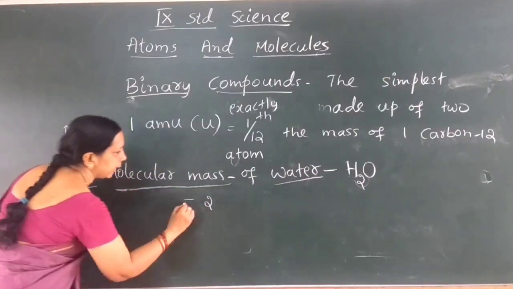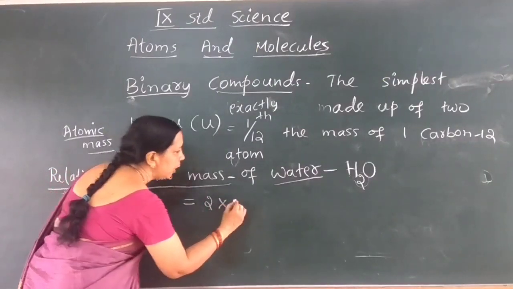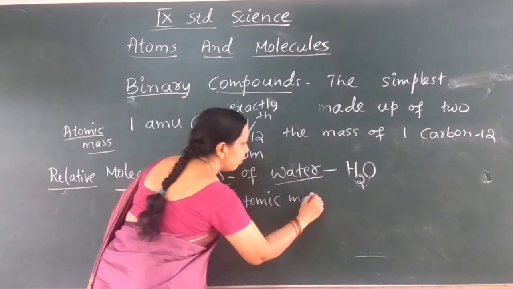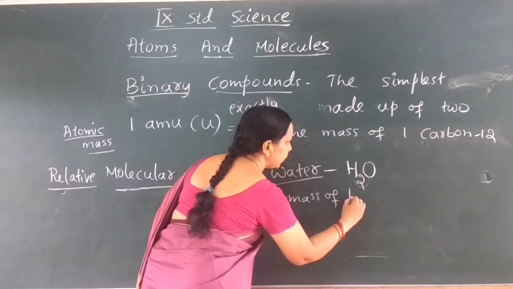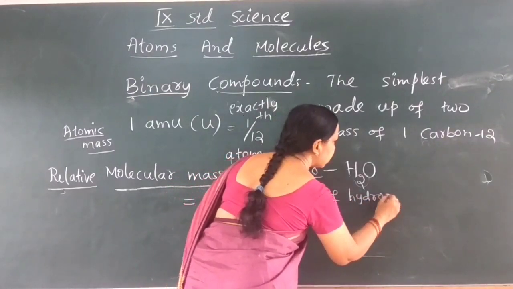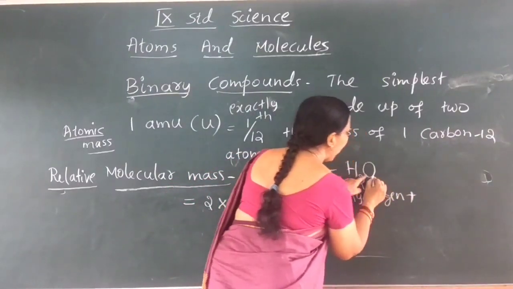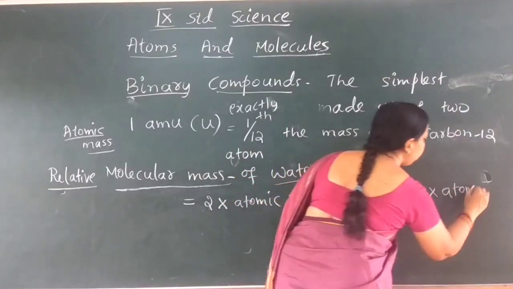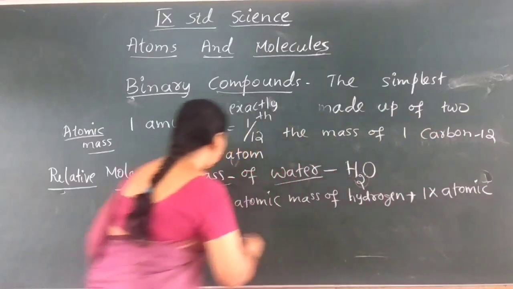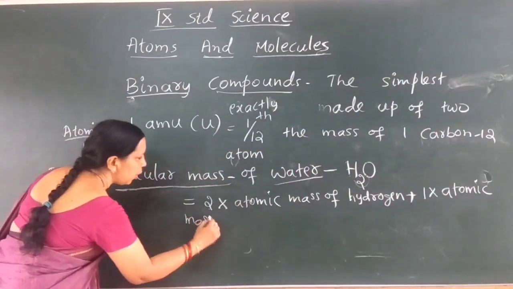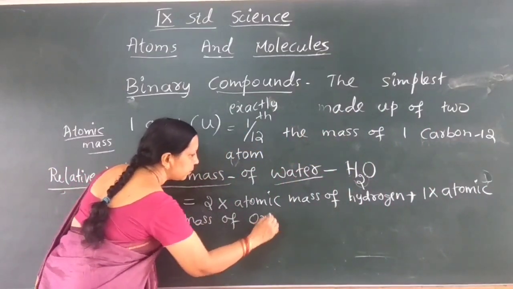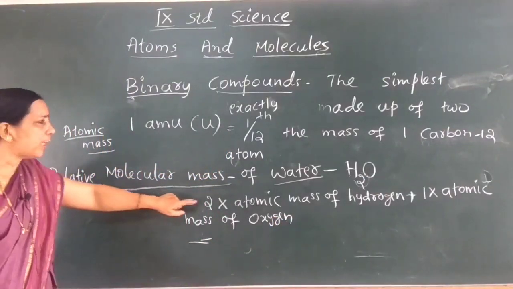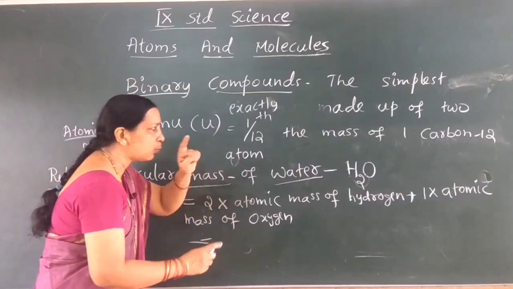Molecular mass of water is equal to 2 into atomic mass of hydrogen plus 1 into atomic mass of oxygen. Atomic mass of hydrogen is 1, and of oxygen is 16.